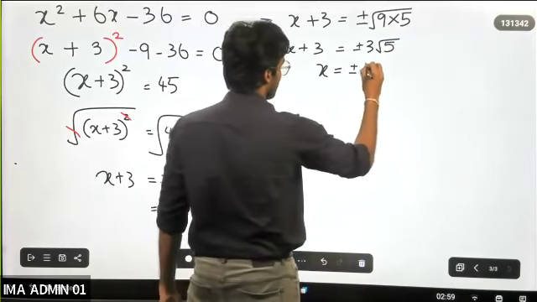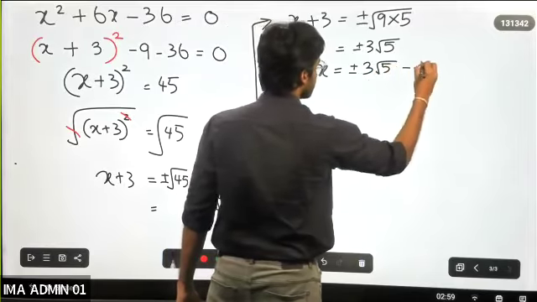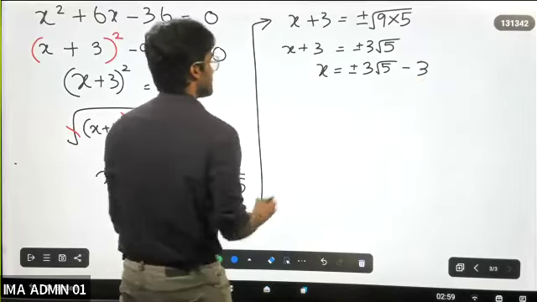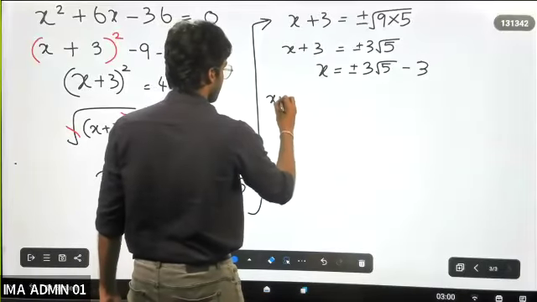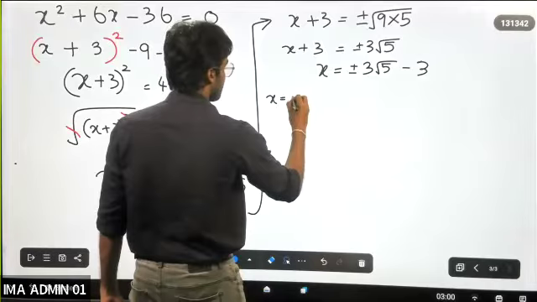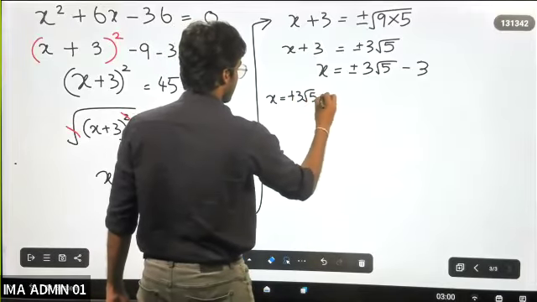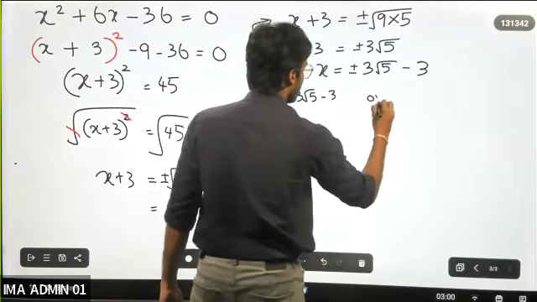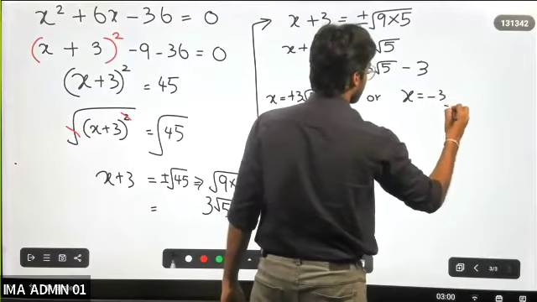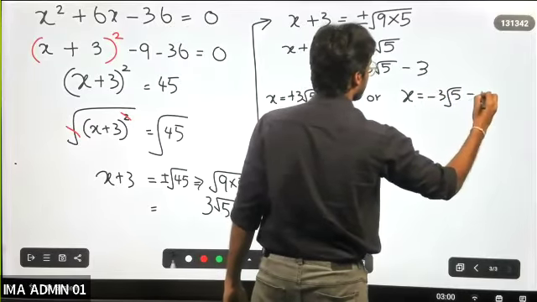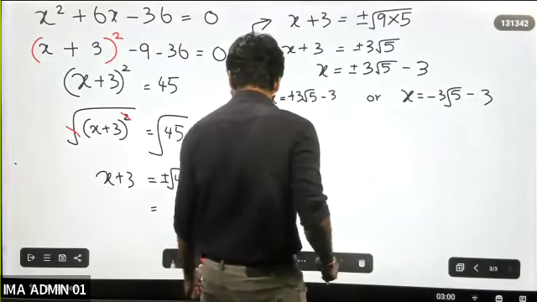So then it's plus or minus 3 square root 5 minus 3. So x could be equal to plus 3 square root 5 minus 3, or x could be minus 3 square root 5 minus 3.